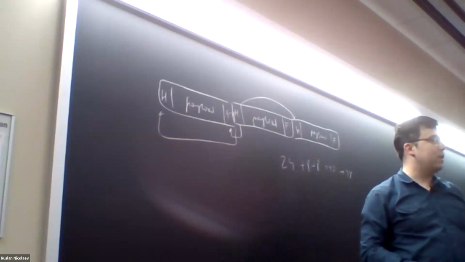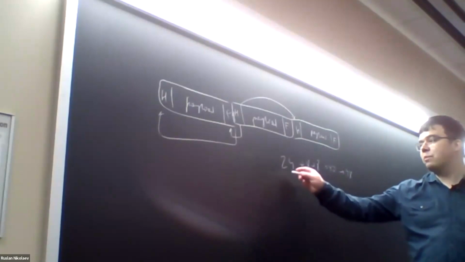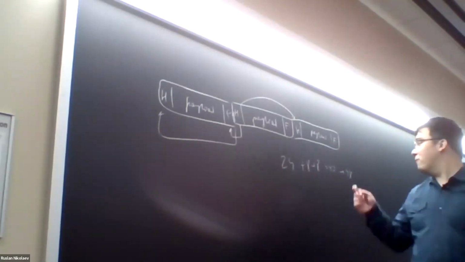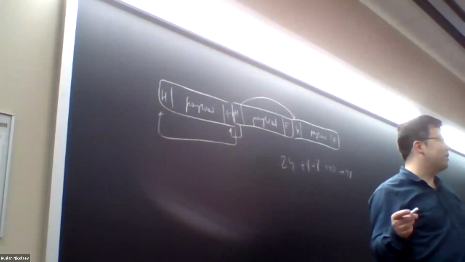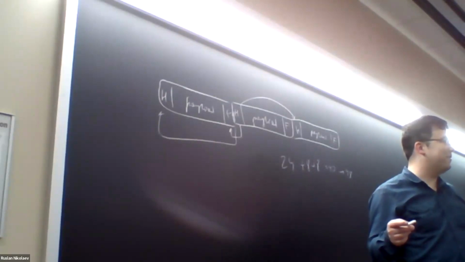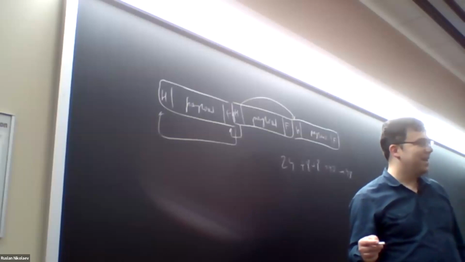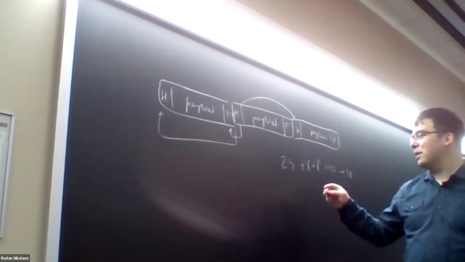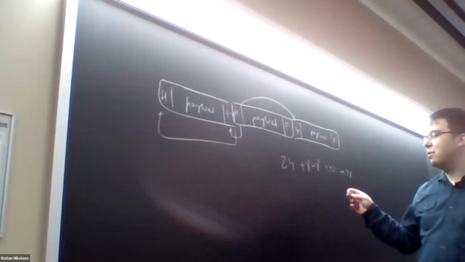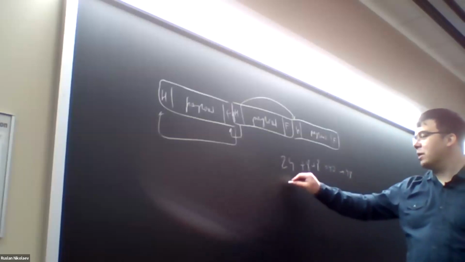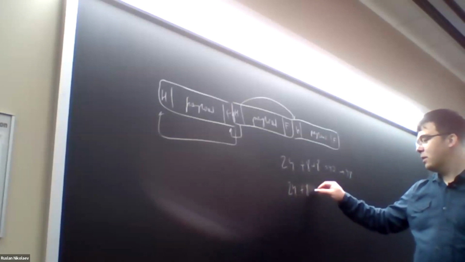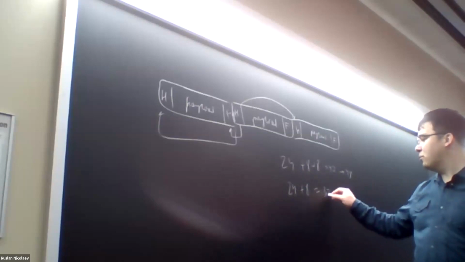To allocate 24 bytes, I actually need 48 bytes, right? That's like 50% utilization. Now if I can get rid of the footer, I'm going to get 24 plus 8. So that's going to be 32.